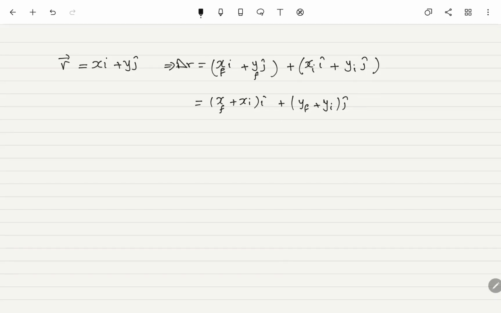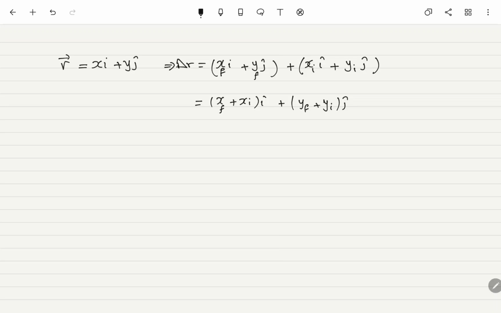Rather than working with the position vector r, we can work with x and y. So we can deal with the problem as two separate problems, one on x and one on y. The same equations can be applied here, and instead of working with one dimension, we will work with two, one on x and one on y.